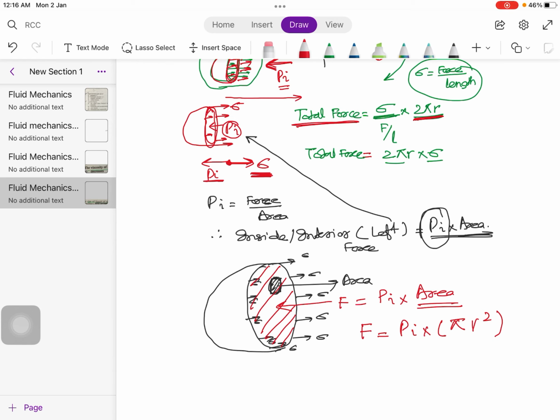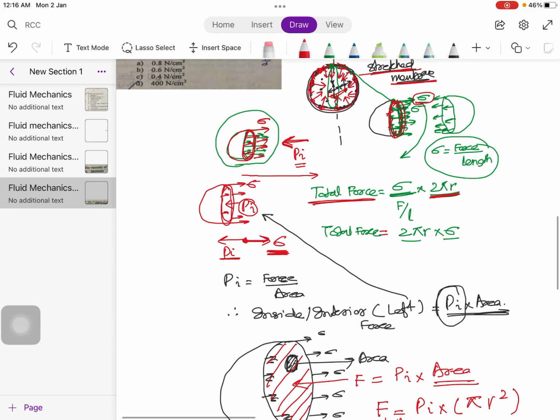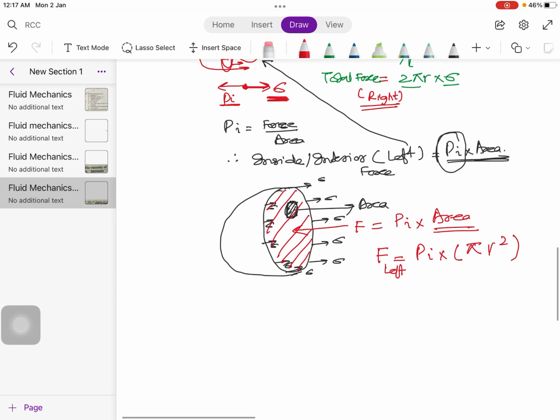If I denote the force acting towards left and the total force due to surface tension as the force acting towards right, to maintain the equilibrium, force towards right is balanced by the force towards left.